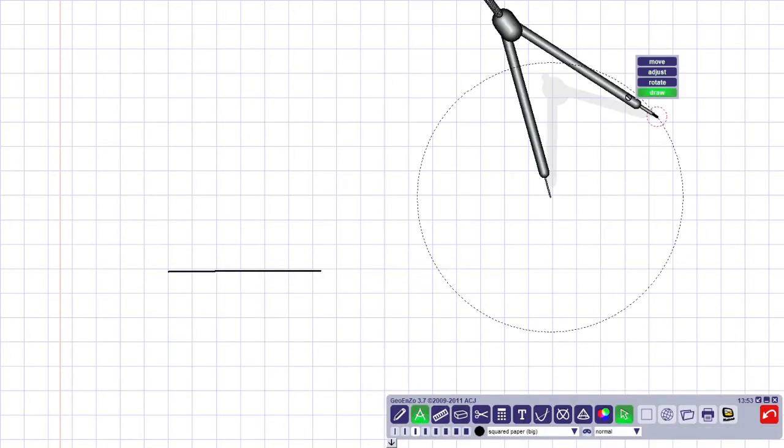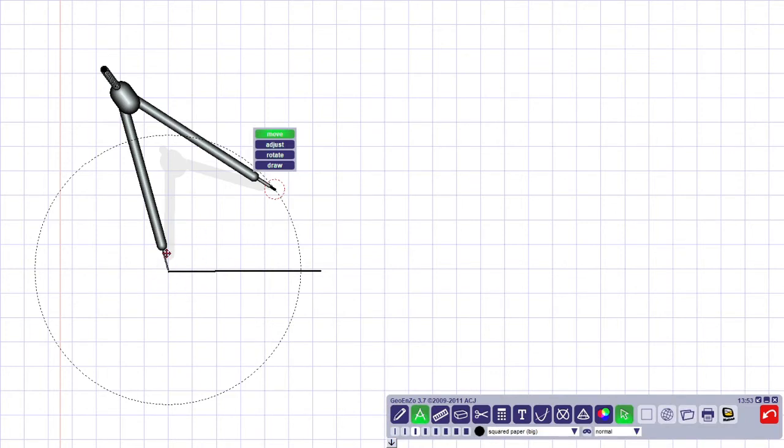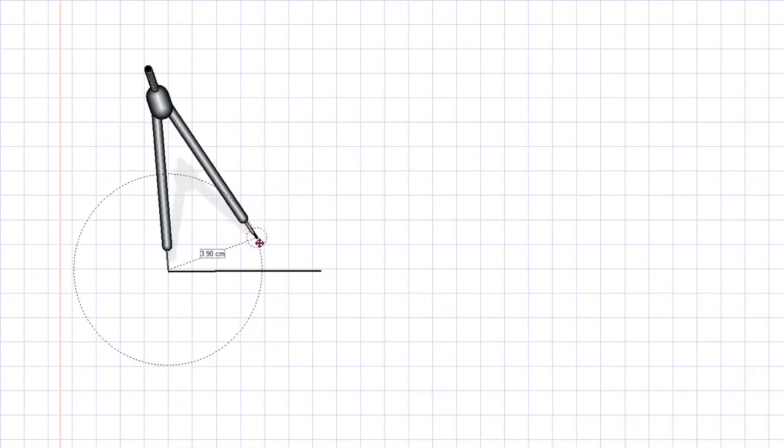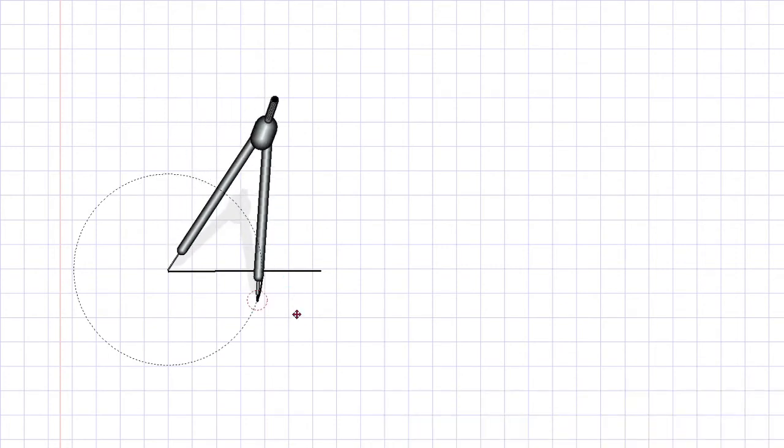Take the compass. Place the compass here. This is the vertex of the angle. So place the tip of the compass here. Now adjust the compass. Now draw an arc this way.